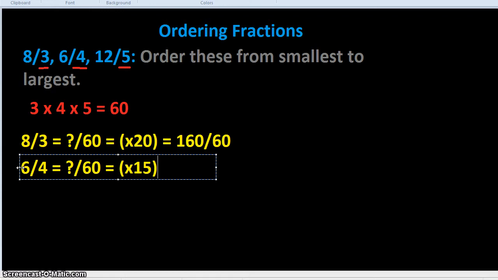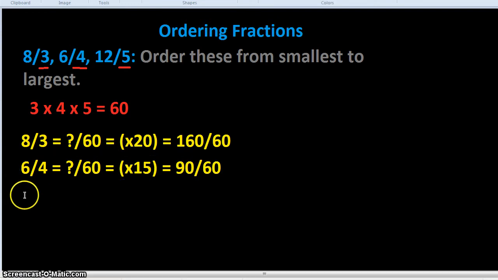So we're going to times top and bottom by 15, sorry, and that will equal 90 over 60. If you notice, I multiplied 6 by 15 and 4 by 15. So the fraction stays the same, but it's in a new form. It's now 90/60.